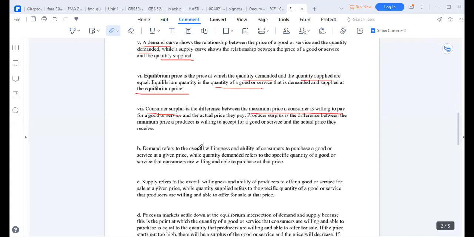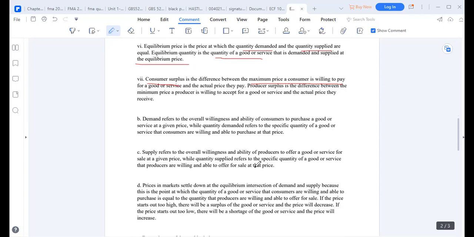So demand actually refers to the willingness and the ability to purchase a good or service at a given time, while quantity demanded for a good refers to a specific quantity of a good or a service that consumers are willing and able to purchase at that price.